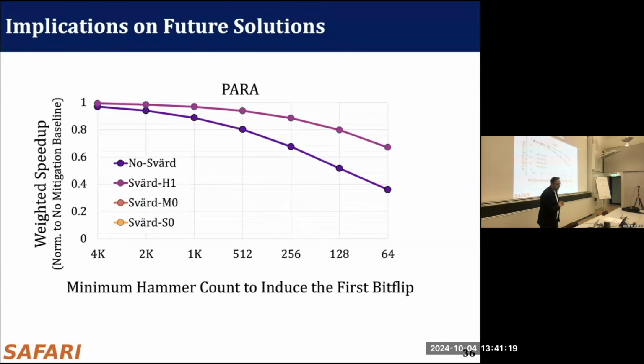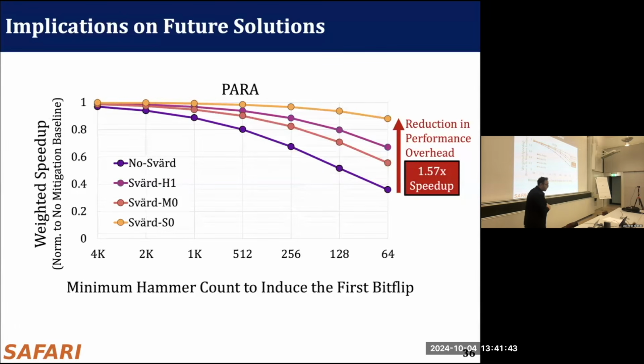And then once we apply three different variation profiles that we collected from real modules, H1, M0, and S0, which are modules from each manufacturer, and integrate Svärd with PARA using these profiles, we have these kinds of results.